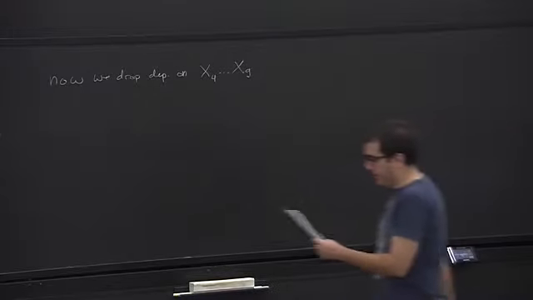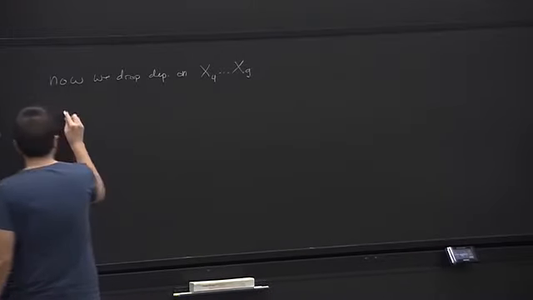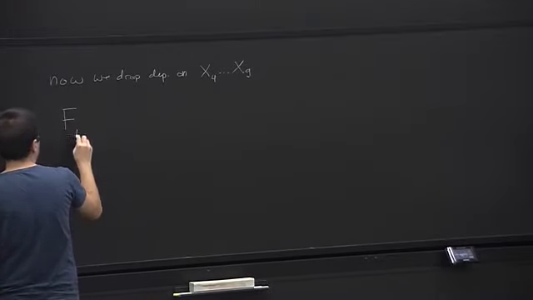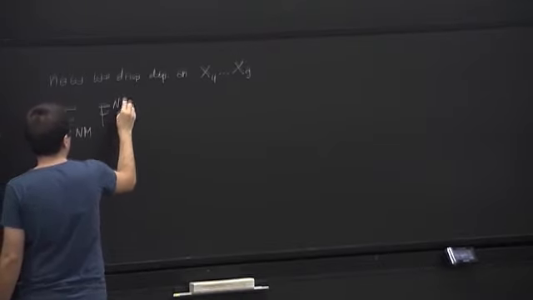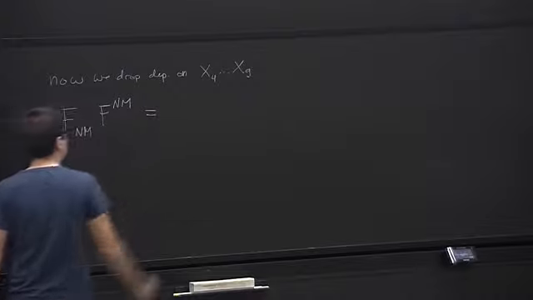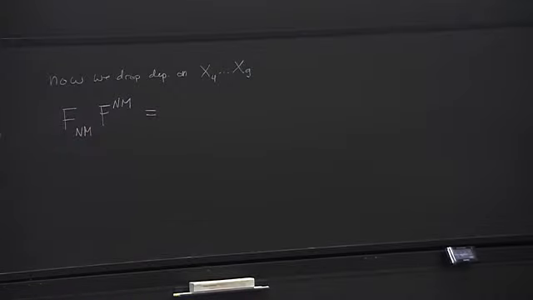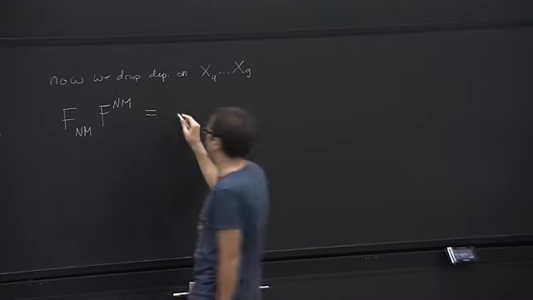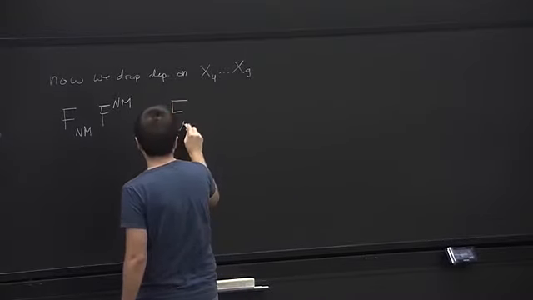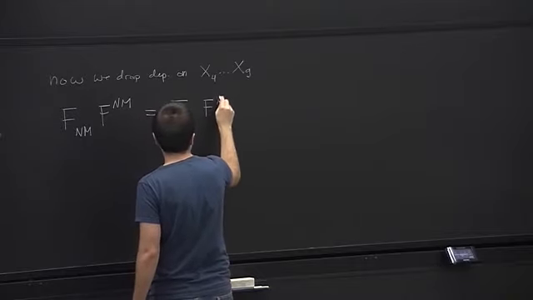So let's see what happens. Let's first start with F_MN, F_MN. Well, let's see. So these indices can both be in the 0 to 3 direction. In that case, we get F_mu nu, F_mu nu.